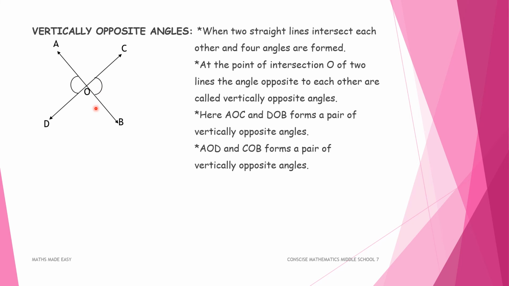And in this diagram, AOC also forms a vertically opposite angle with this part, AOB, right? These both are vertically opposite angles, and these both are vertically opposite angles, right?